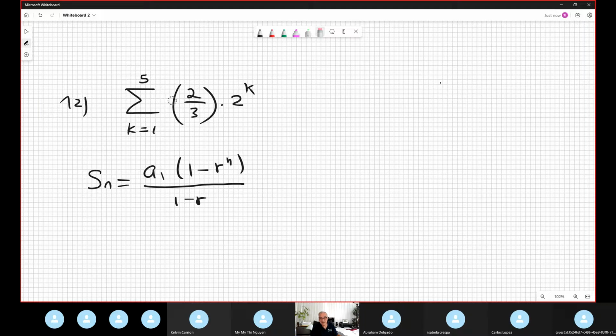My recommendation is that finding A1 is easy. You plug it into this expression for k equal 1. So for k equal 1 it is 2/3 times 2 to the 1 power, and 2 times 2 is 4. 4/3.